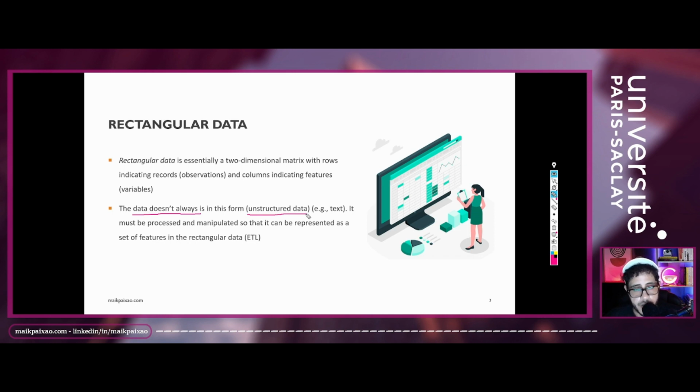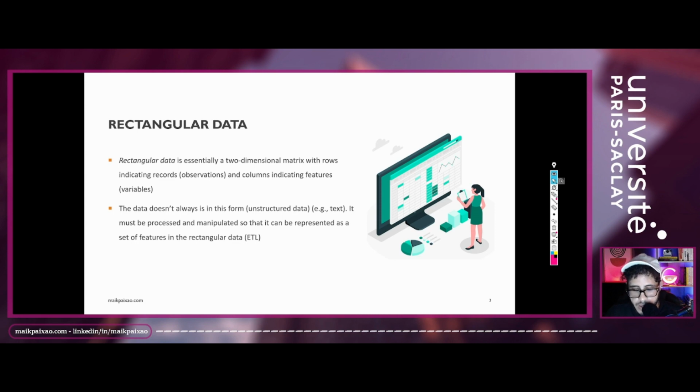Because of that, we need to have an understanding of the data that we are going to be working with, and build ETL tools to process and manipulate that data so it can be represented as a set of features. So we're going to be talking about ETL right now.